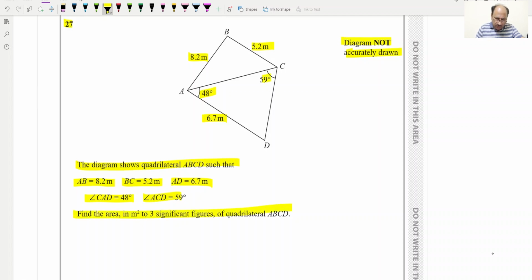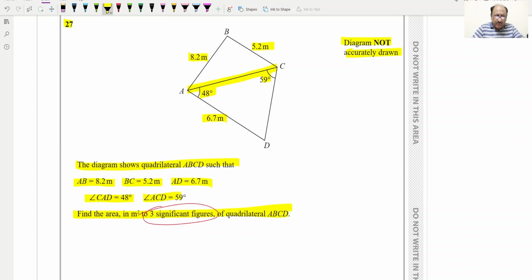Find the area in meter square to three significant figures of the quadrilateral ABCD. Now our target is basically to find the area of these two triangles. We don't have this side AC, so our target is to find AC first.